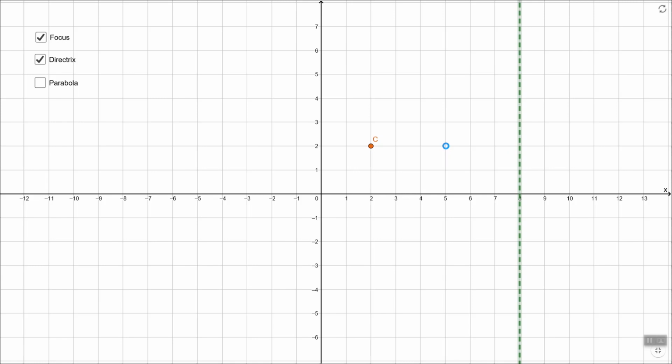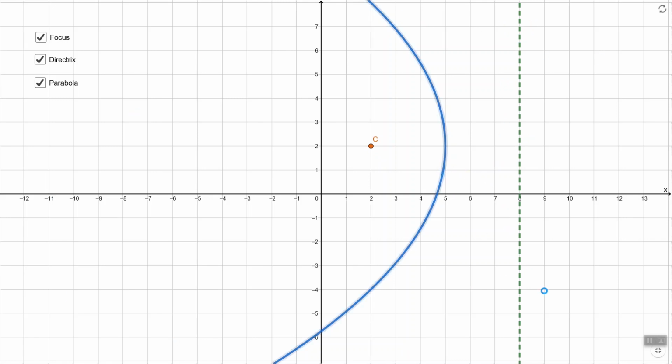And then the parabola should be enclosing the focus. So this is how the parabola should look. It should be in the middle, enclosing the focus, and going away from the directrix.